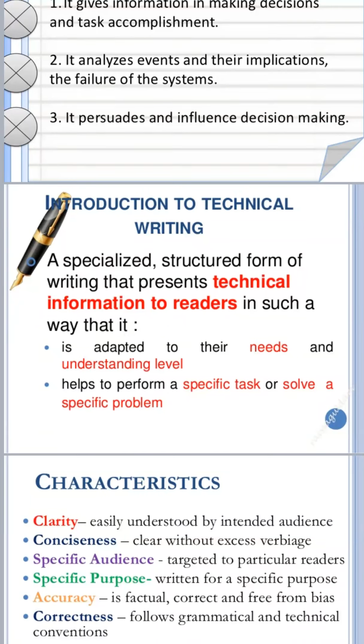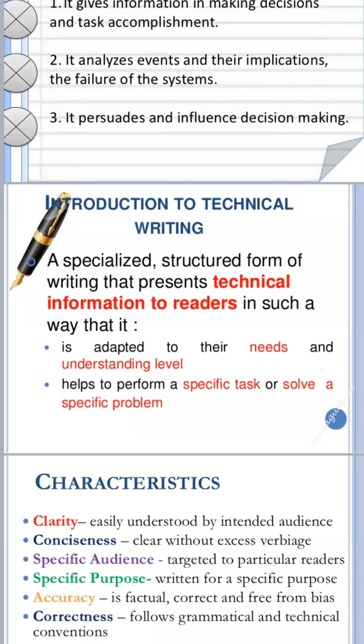So that's why it is said that it is a structured form of writing, well informed, well organized, specialized, along with the use of vocabulary that is not a common one, but is according to the requirement of the technical writing. So to convey information to our readers, we use this type of structured form of writing. This is called technical writing. From the word technical, you can see how well structured it is going to be.